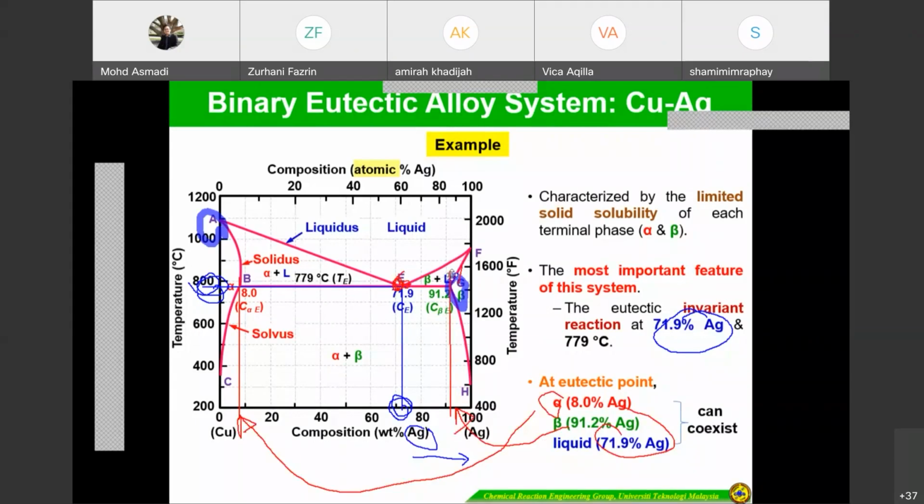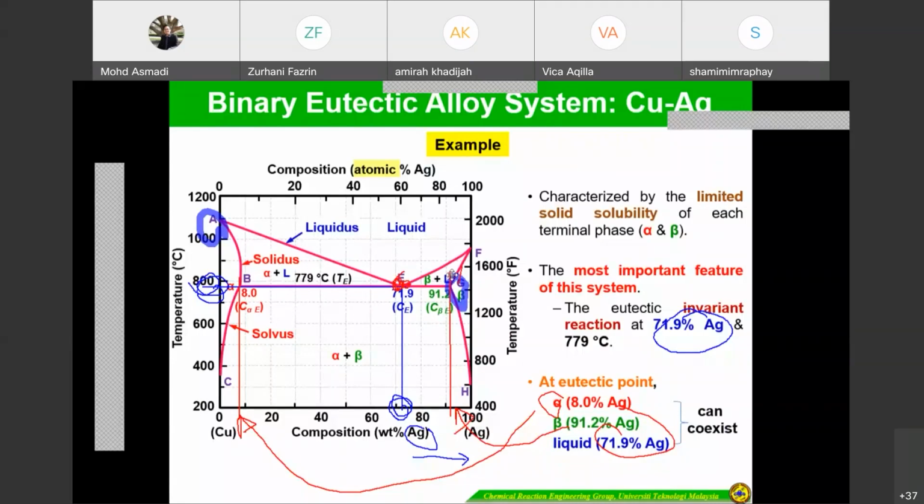Similarly, alpha is 8.0% argentum and the rest is copper, beta is 91.2% argentum and the rest is copper, and liquid is 71.9% argentum and the rest is copper.